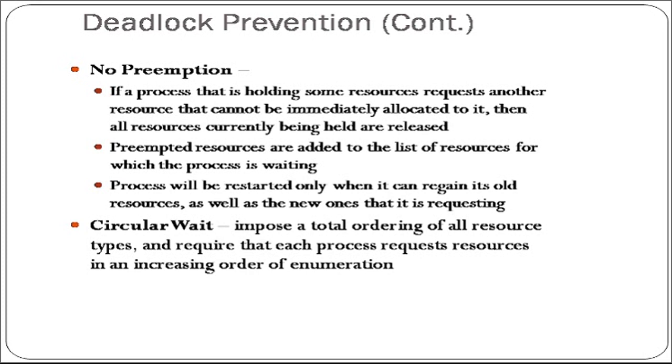The process will be restarted only when it can regain its old resources as well as the new ones that it is requesting. And the last one is circular wait. It imposes a total ordering of all resource types and requires that each process requests resources in increasing order of enumeration.